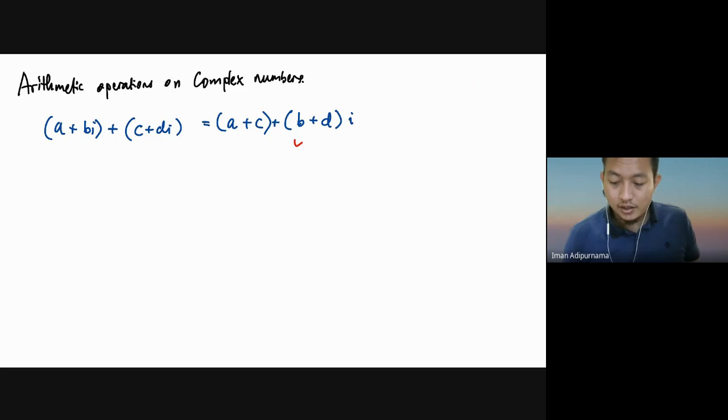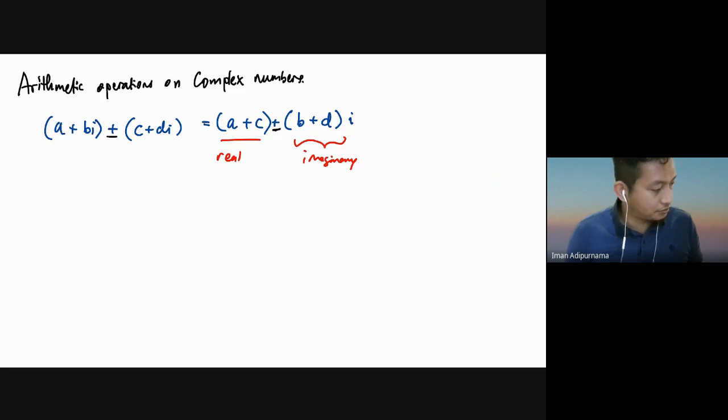You add the real parts and the imaginary parts. Subtraction is also similar, so I will just make minus there. You can plus and minus in the same manner. That's for the addition and subtraction.